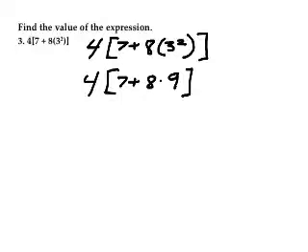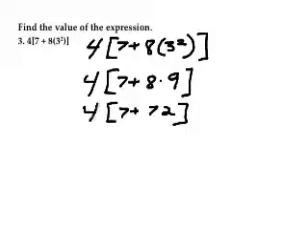So we do 8 times 9, that's 72. Plus 7. Still inside the brackets though, so we do that first. 7 plus 72. Now you notice that we could do this as a distribution, but it would be more work. So you do the easiest thing. You just add the 7 plus the 72 together, and we get 79.